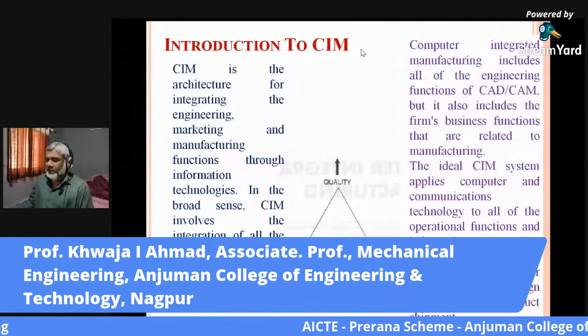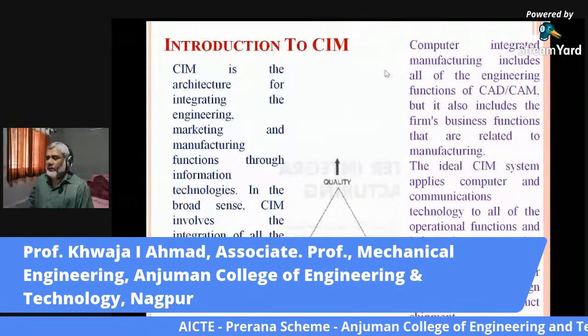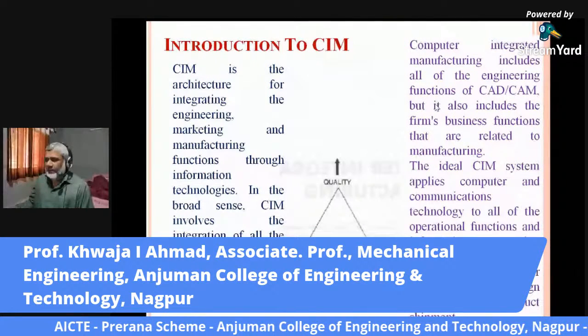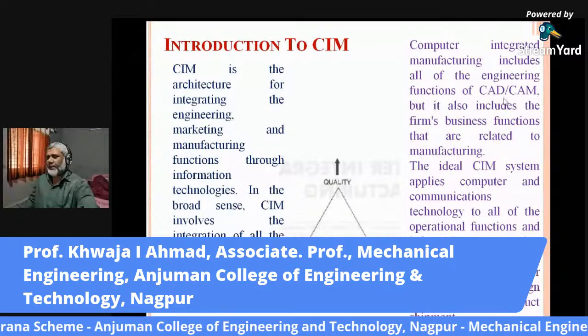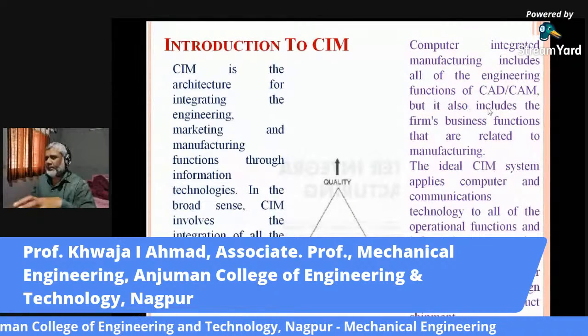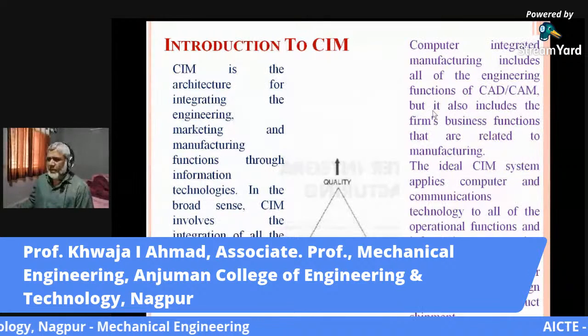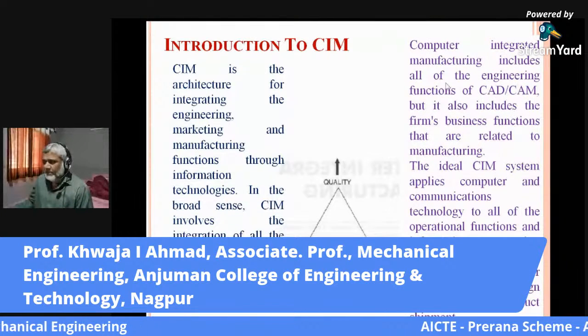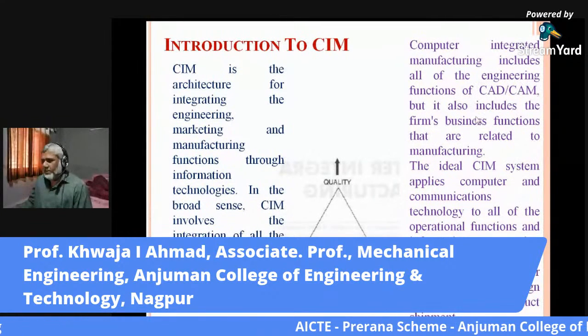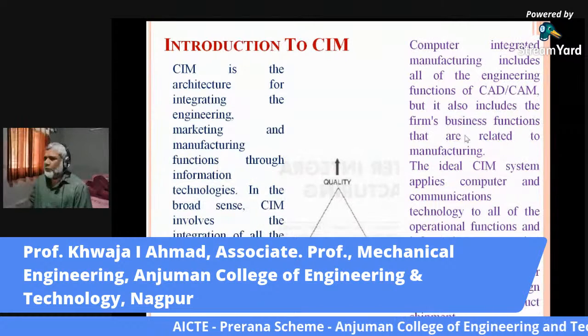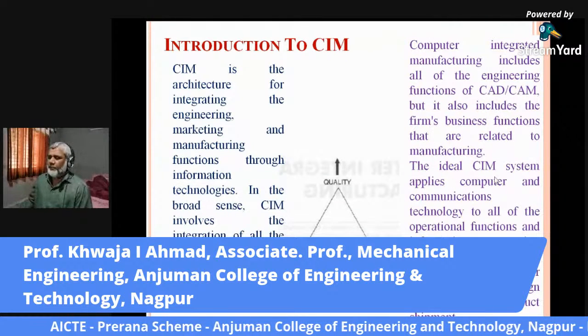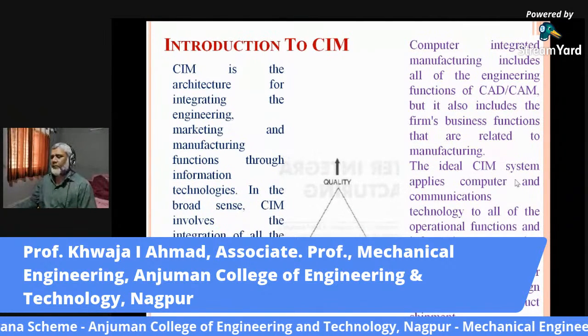Inspection is being done through CMM and machine vision. But it is information technology only on the shop floor, then that system is flexible manufacturing system. But when in flexible manufacturing system you incorporate business functions with it also, then it becomes your computer integrated manufacturing system, that is CIM.